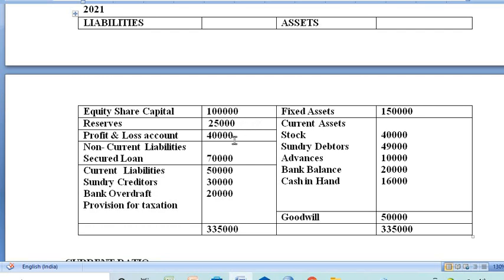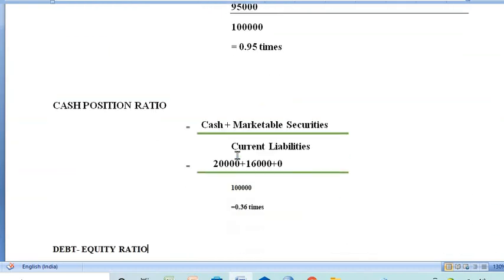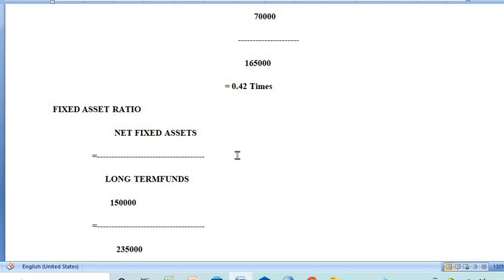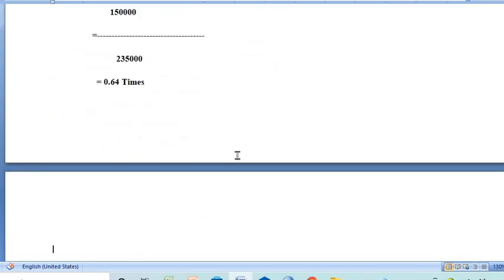So 1,65,000, along with that we have the long term liability, 70,000. Adding 1,65,000 plus 70,000, I am getting 2,35,000. Using that, I am computing 0.64 times.